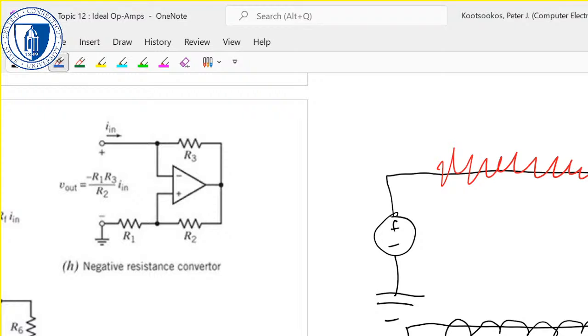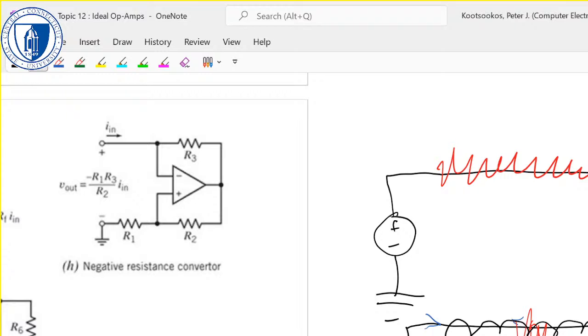If you have a twisted pair here, this current is flowing this way, and this current in the other one is flowing the other way. So any noise you get tends to cancel out. One of them impacts it with the current going from left to right, the other one impacts it with the current going from right to left.